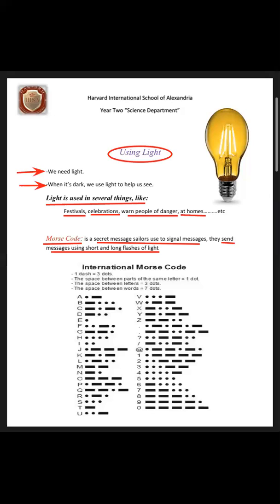These are the signals of international Morse code. You don't have to learn this, but I added it so you have more information. So boats can signal each other by using lights. I can turn on the light and close it immediately, or I can make it for a short time.